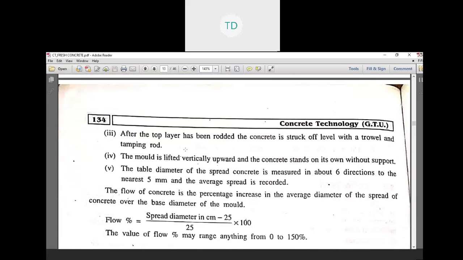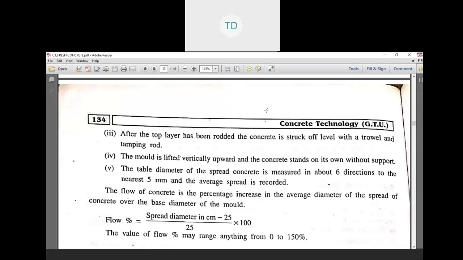After the top layer has been rodded, the concrete is struck off level with a trowel and tamping rod. The mold is lifted vertically upward and the concrete stands on its own without support.